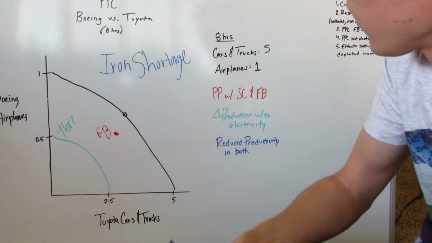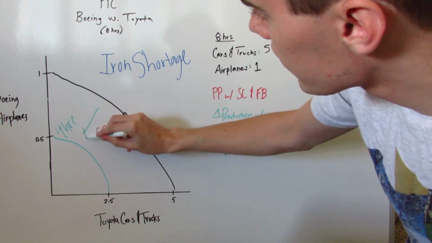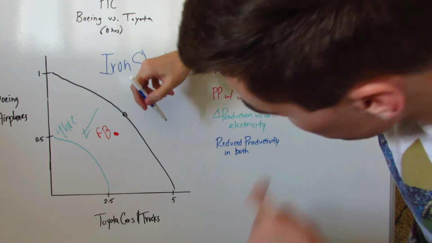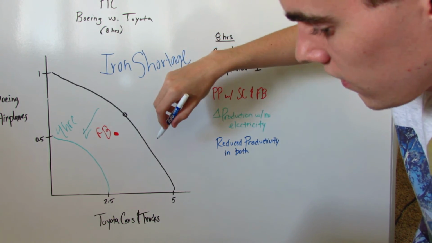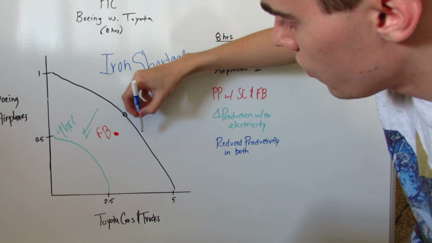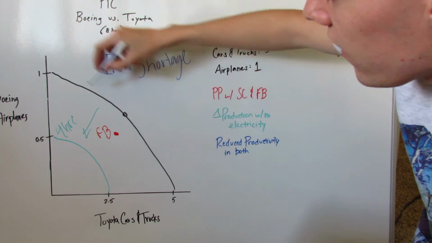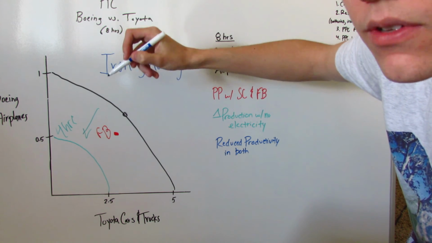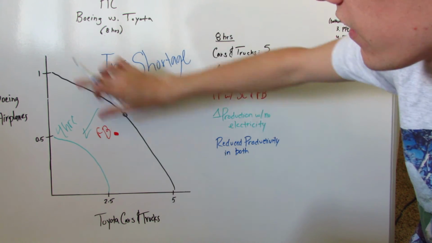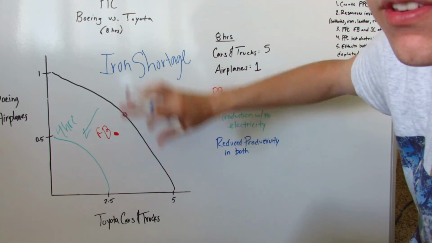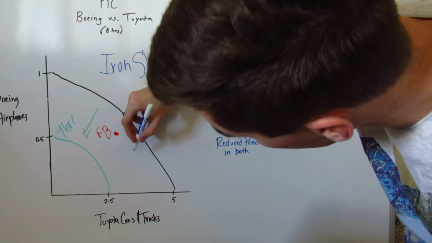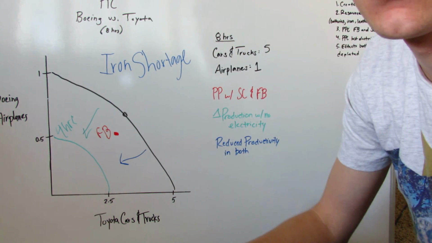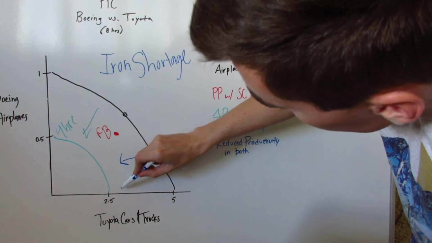Just like with the no electricity that pushed it all the way back, now we have no metal. And low amounts of metal means that we can no longer hit this outer ring of efficiency because we no longer have the materials to even do so. We can't produce this many planes or trucks in an 8-hour period anymore, which means, just like our lack of electricity, that we're going to have to shift the production possibility curve inward.